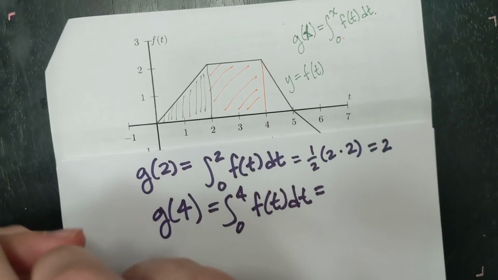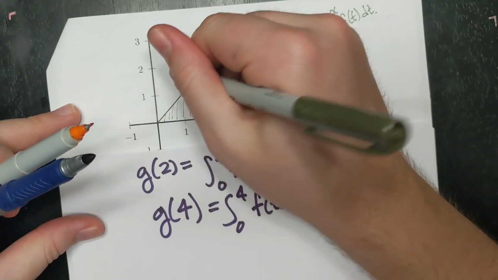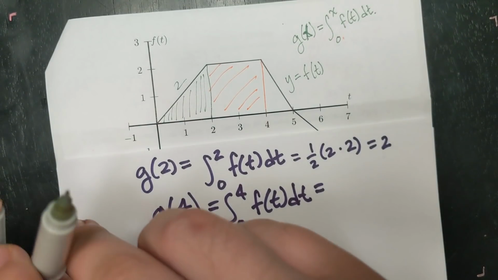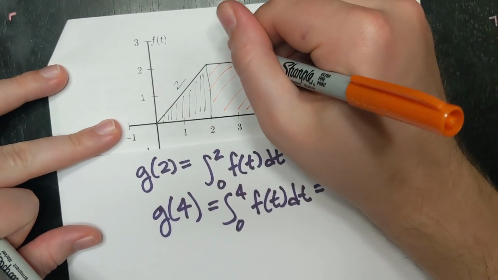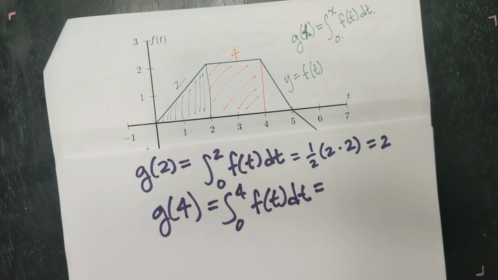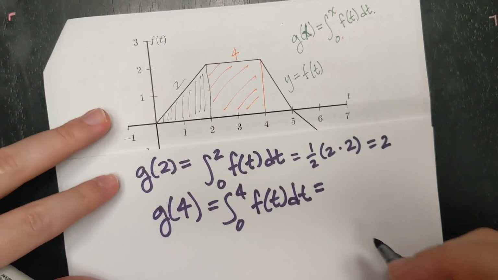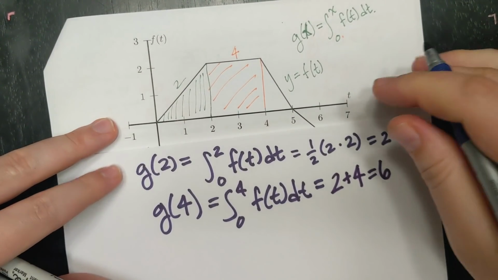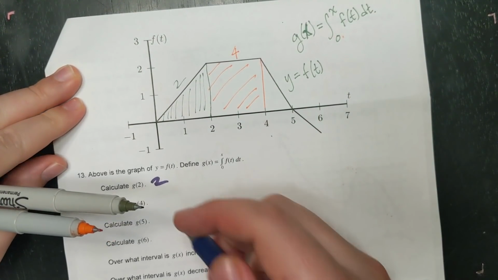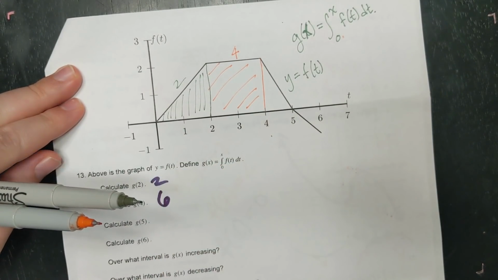So we already found that this area here was 2, and now we're adding this other block, which is a 2 by 2 rectangle, so that is area 4. And so now we have area 2 plus 4, which is 6. So g of 4 is 6.